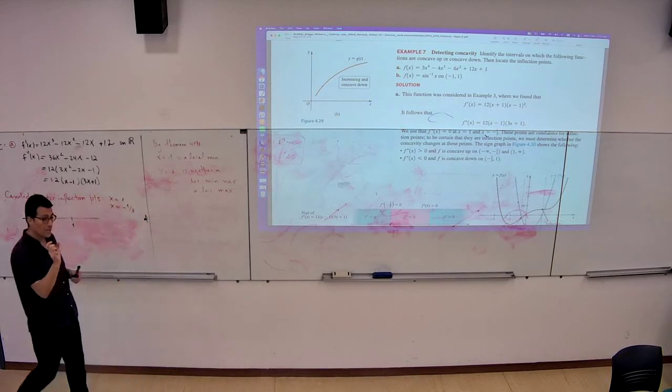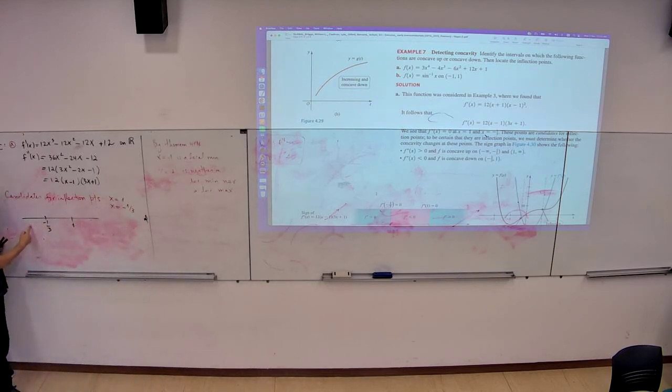We're going to pick one point, say -1 here. You take -1 and you evaluate f double prime at -1. You get negative and then negative, you get positive. So f double prime here is positive.